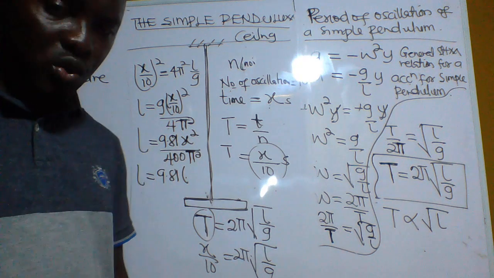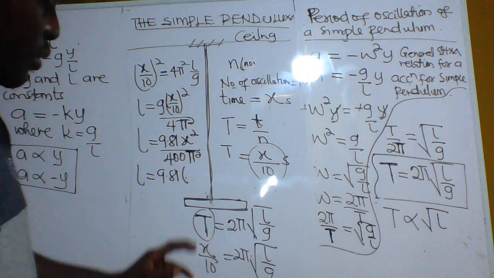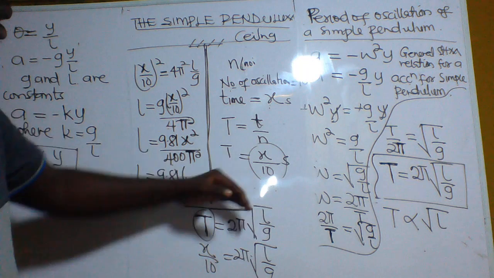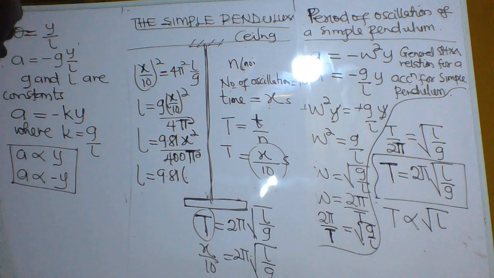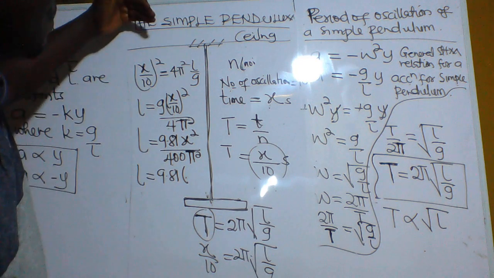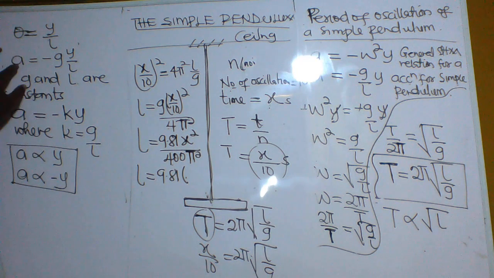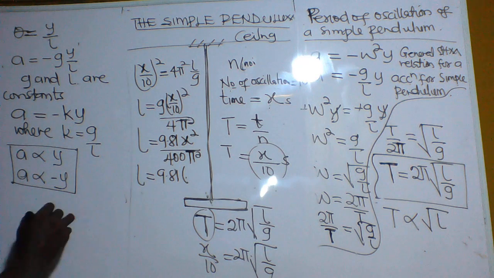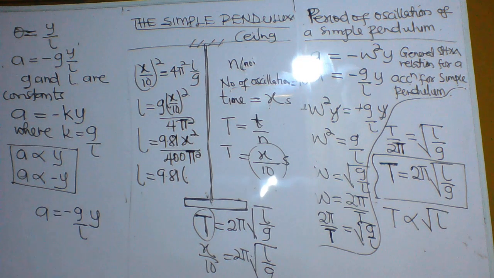So this is how we can apply this concept of simple harmonic motion, the simple pendulum, for that particular purpose. And so we have been able to prove that the motion of a simple pendulum is simple harmonic, because as we went through, we realized that its acceleration a is equal to minus g over L times y.